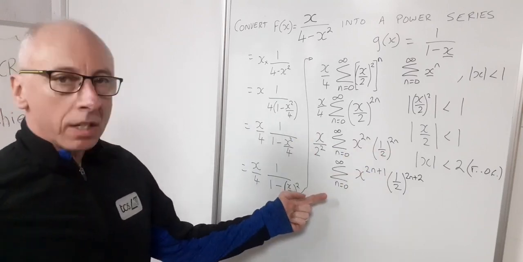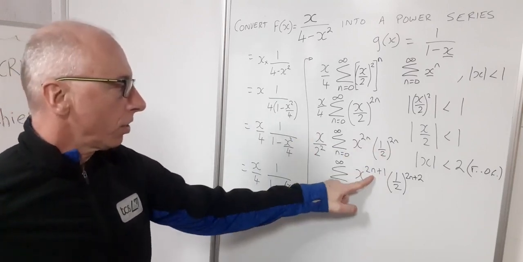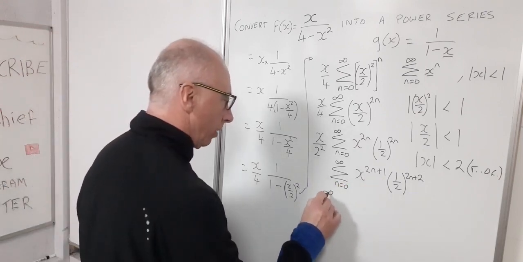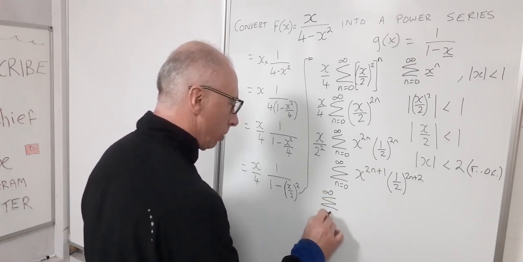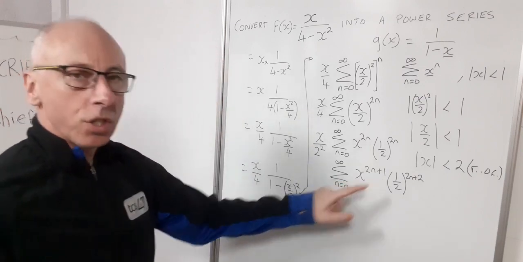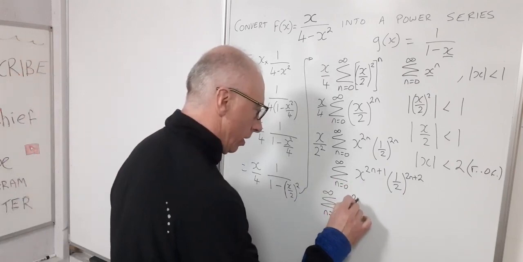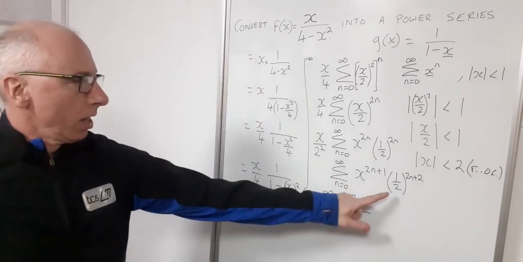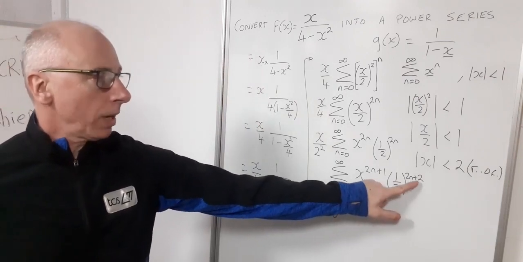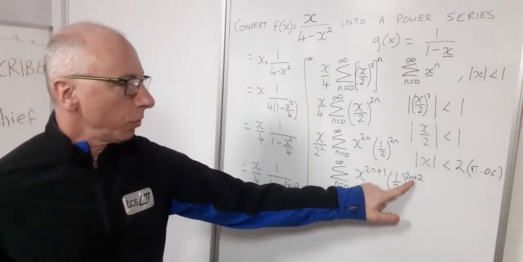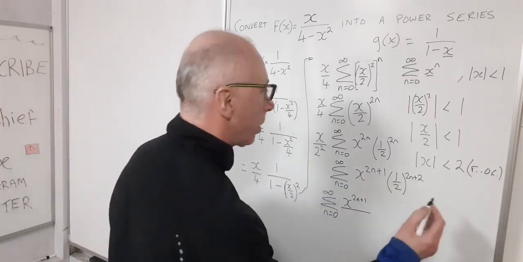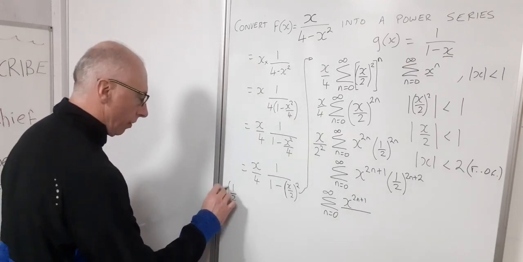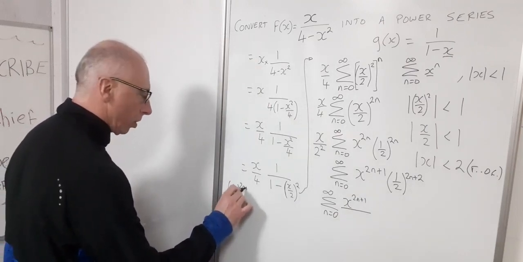So now we can just tidy these things up a little bit. x to the 2n plus 1, I'm happy with that. That can stay as it is. So now we've got the summation from n equals 0 to infinity of x to the 2n plus 1, that will stay like that. Now we'll turn it into a fraction. So now we've got basically a half to the 2n plus 2. Now what we could do, if we divided all these by 2, let's write this down here: 1 half to the 2n plus 2.